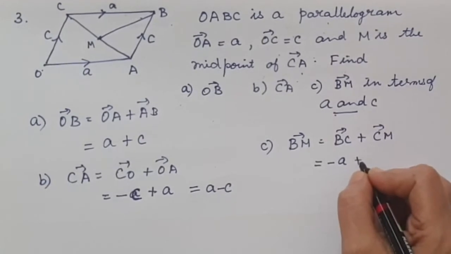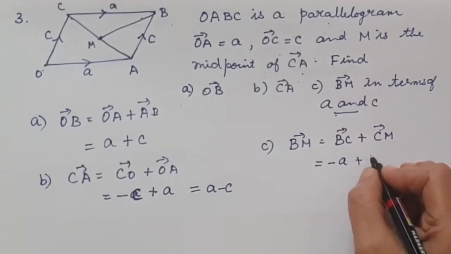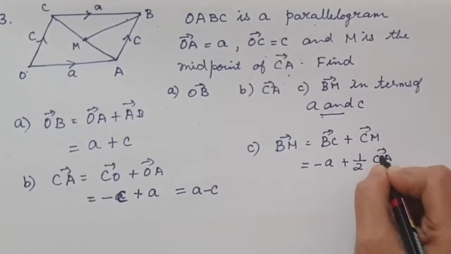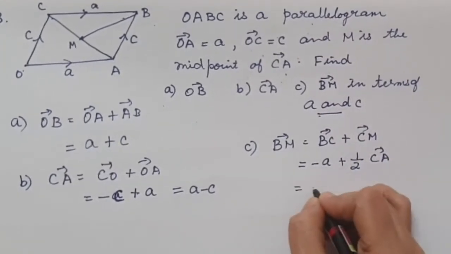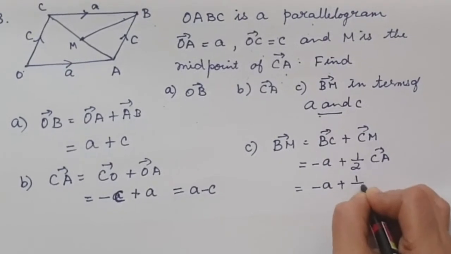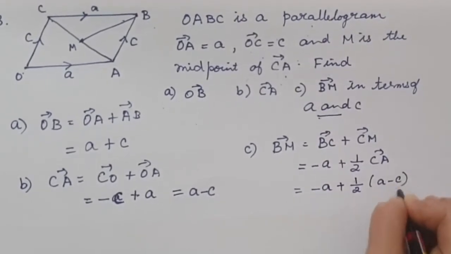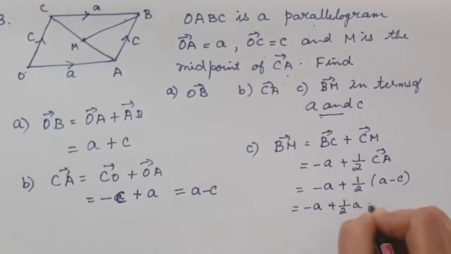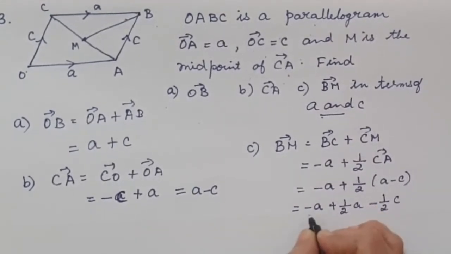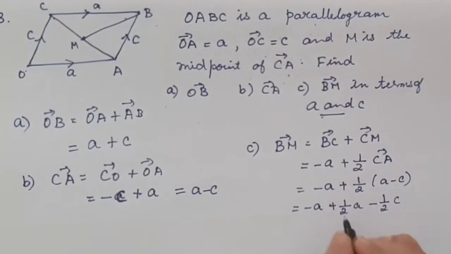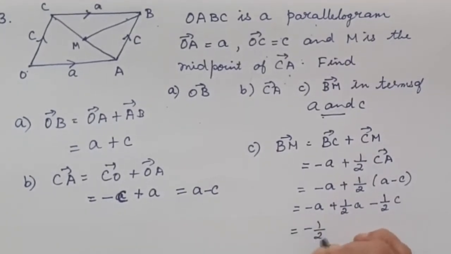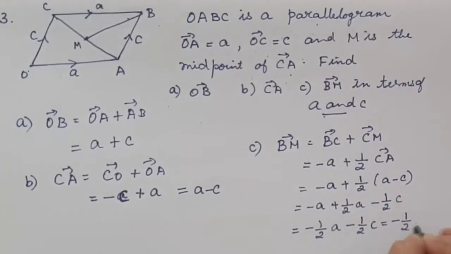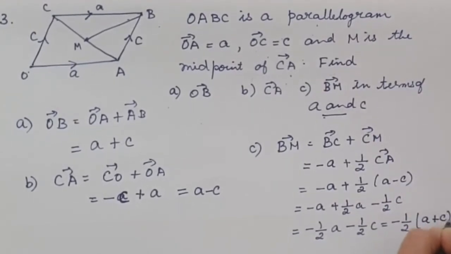Then CM will be equal to half of CA because M is the midpoint. So half of CA, and CA we have already found over here. So minus A plus half of A minus C. So it will be equal to minus A plus half A minus half C. So minus 1A plus half A will give us minus half A minus half C. So we can take a negative sign outside. So it will be minus half of A plus C.